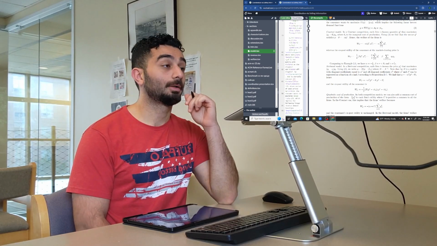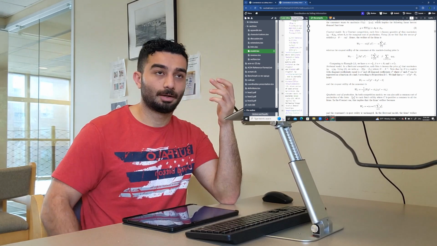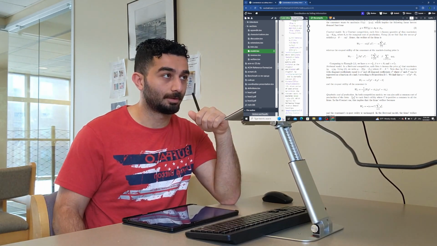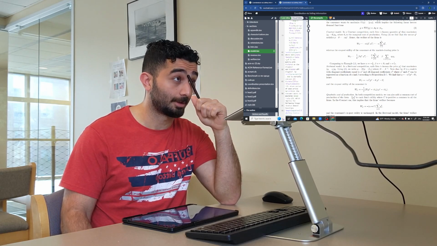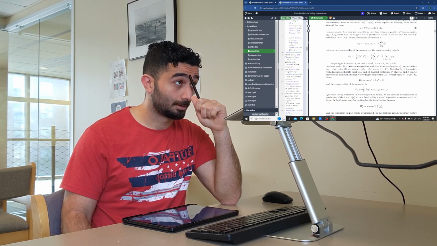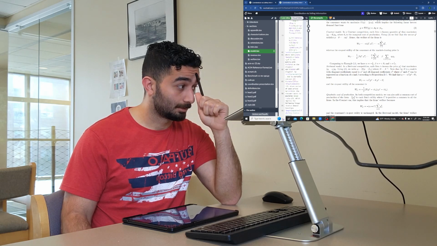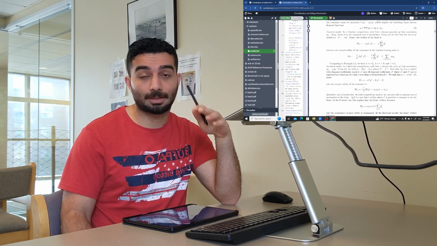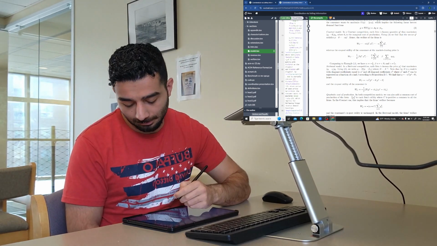So we want to maximize total welfare, which is the welfare of the consumers and the firms. And we can also say the welfare of the platform is actually included.